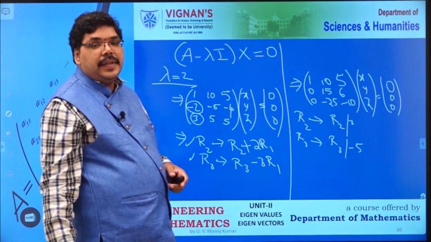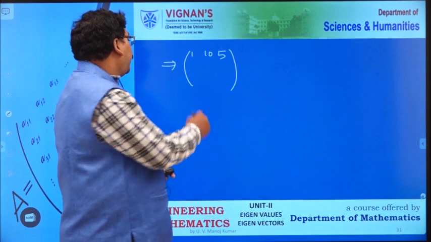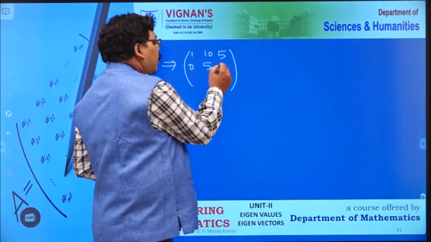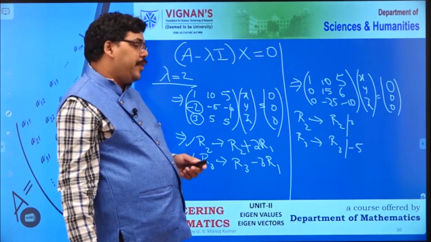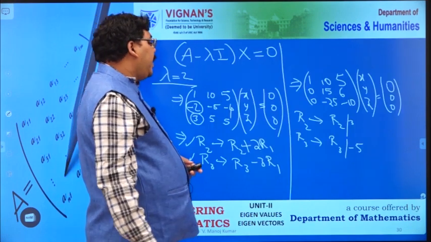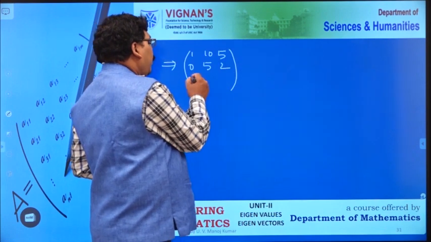Second row we are dividing by 3, 0, 5, 2. And third row we are dividing by minus 5. So when I divide by minus 5, 0, 5, 2.